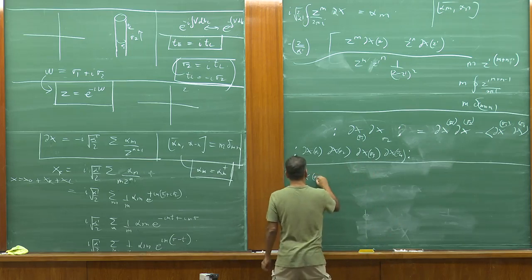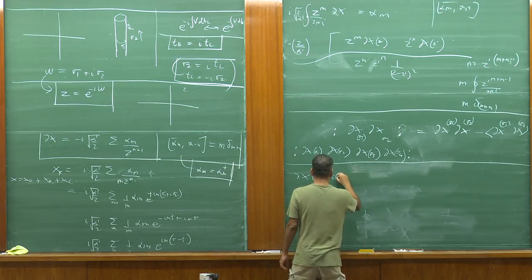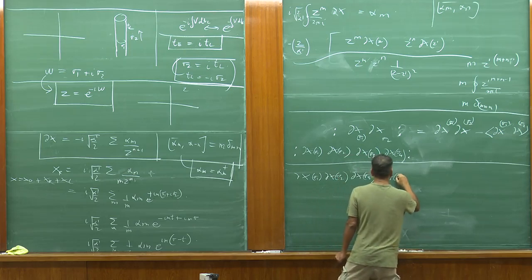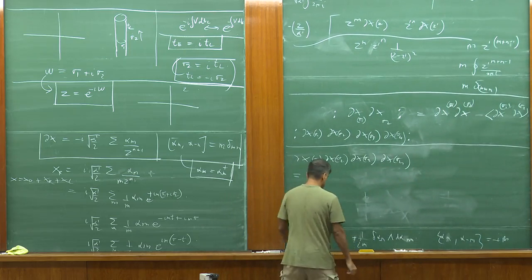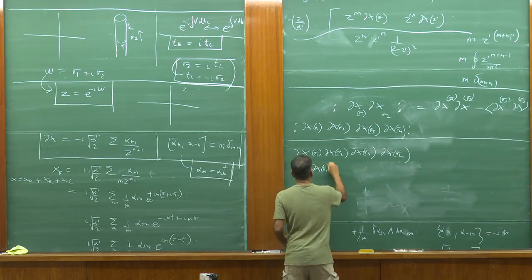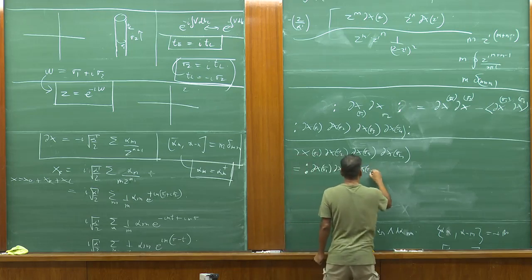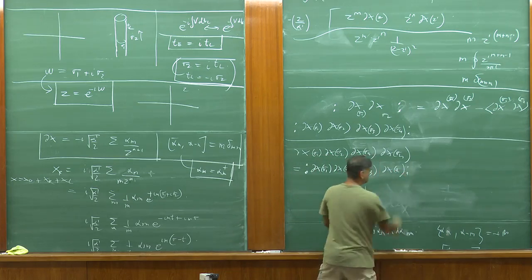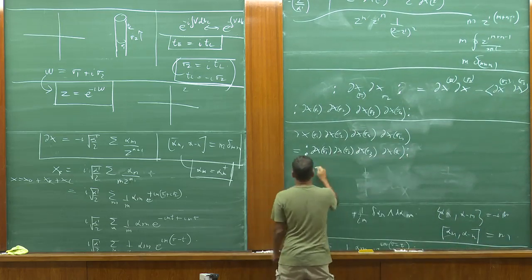The bare product del x of sigma 1, del x of sigma 2, del x of sigma 3, del x of sigma 4 equals the normal ordered del x of sigma 1, del x of sigma 2, del x of sigma 3, del x of sigma 4, plus, now there are several terms.